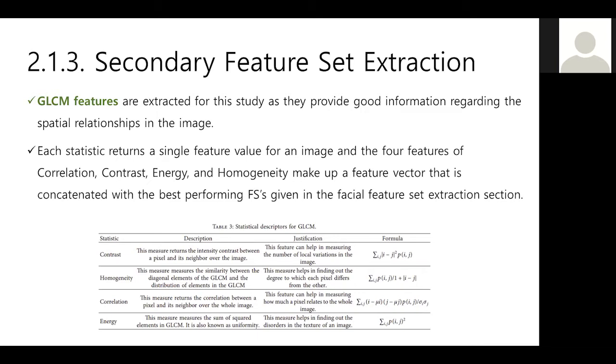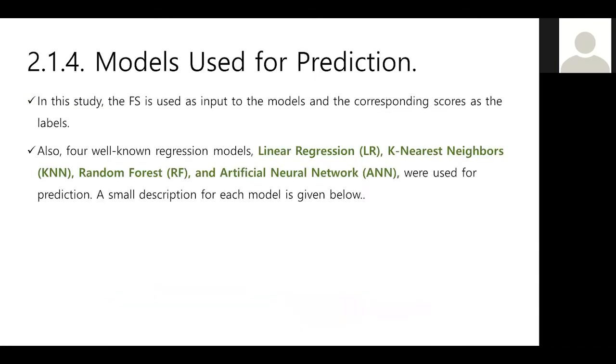Each statistic returns a single feature value for an image, and the 4 features of correlation, contrast, energy, and homogeneity make up a feature vector that is concatenated with the best performing FSs given in the facial feature set extraction section.